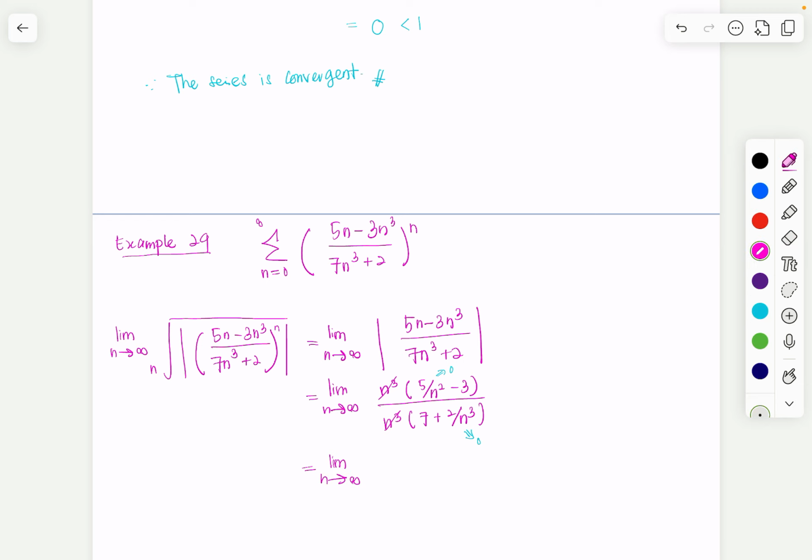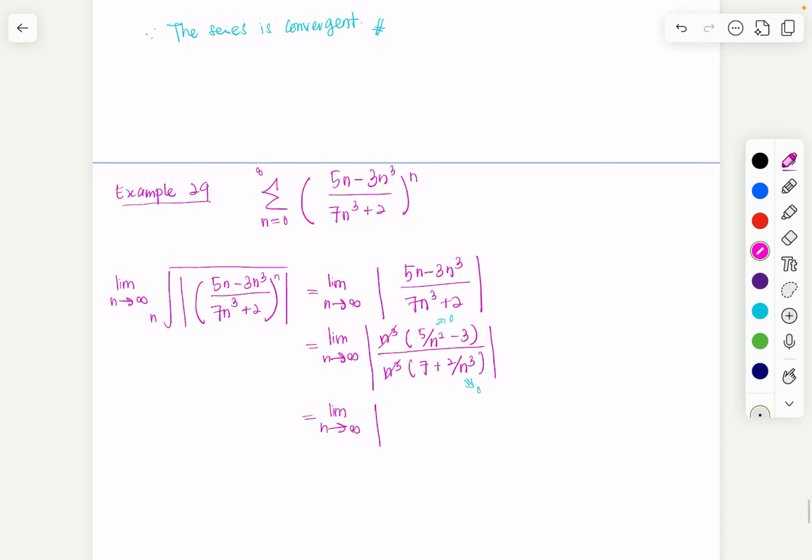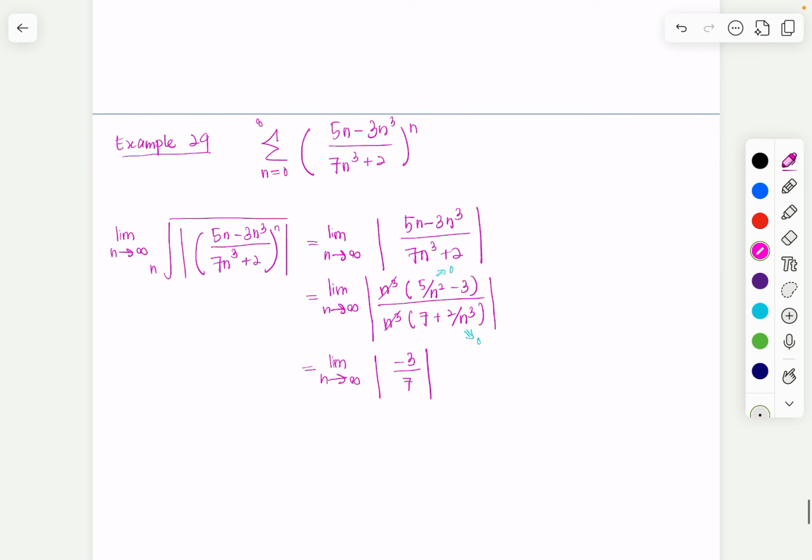So what's left is the absolute. This one still has absolute, do not remove yet. So you have the absolute of -3/7. So the absolute of -3/7 becomes just 3/7. So 3/7 is less than 1.